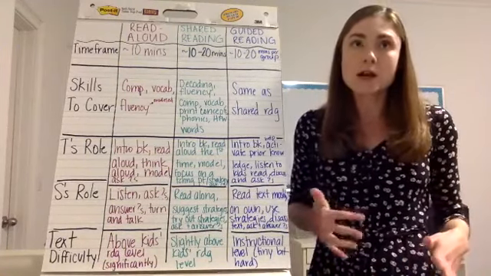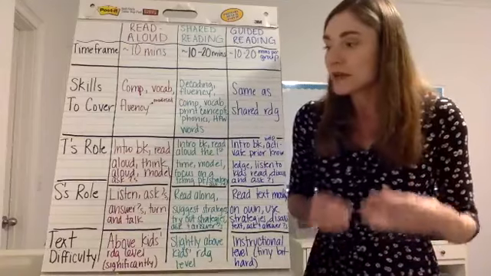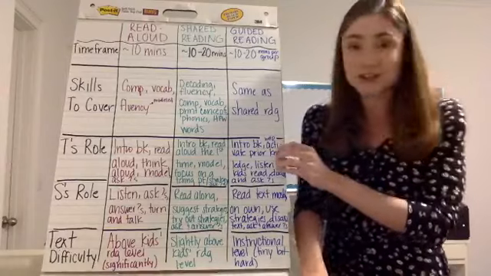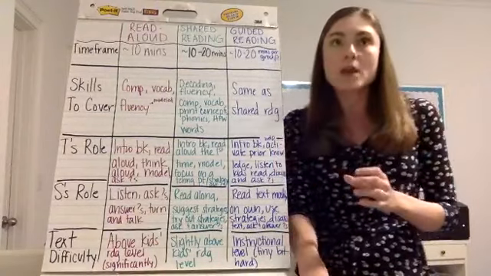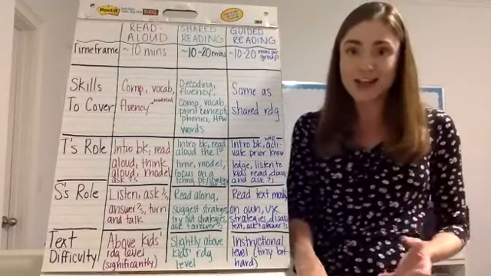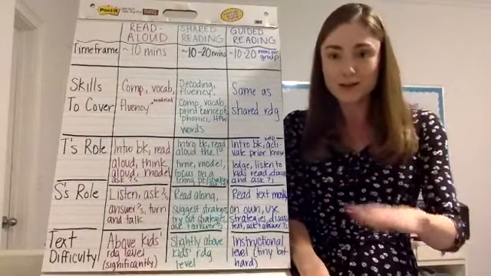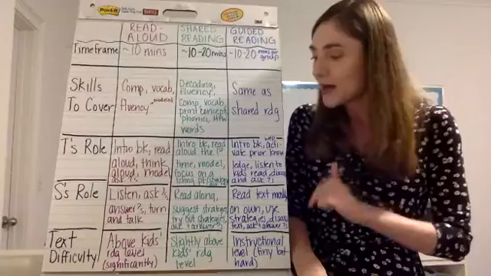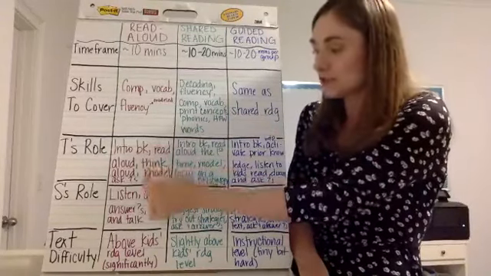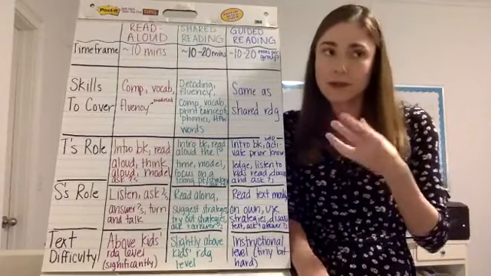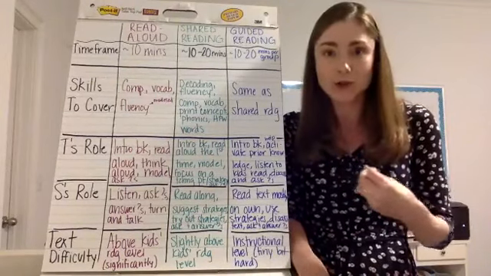And this is where thinking about your role in the gradual release of responsibility is so important, because sometimes I do too much teaching in guided reading. Teaching is necessary in guided reading, right? It's not a free-for-all where they read the book on their own and you give them no help. But I've already done a lot of teaching in my read aloud and my shared reading, so sometimes I have to pull back and let the kids do their thing.